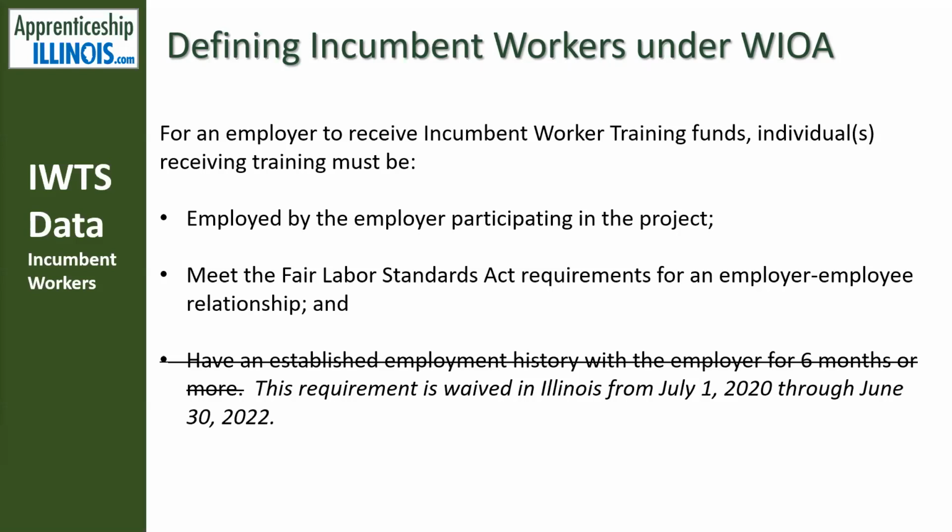So this apprenticeship, incumbent worker training approach is a little bit of a hybrid of both of those, but I just want to call to your attention that if you're working with an individual, working with a worker here, you also, by definition, you've got to be working with their employer. Also, there is a federal requirement that the person has to have been working with that company for 6 months in order to be appropriate for this kind of training.